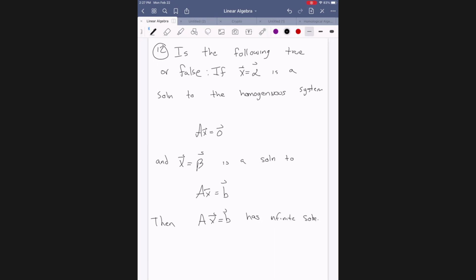Okay, so this one might be no problem. Good luck. So something like this, right? So again, would this be true or false? What do you guys think?